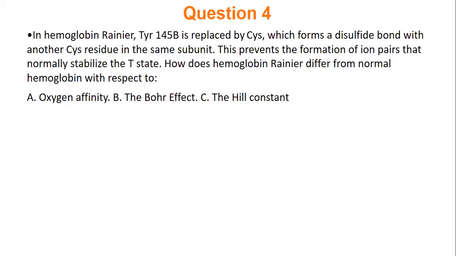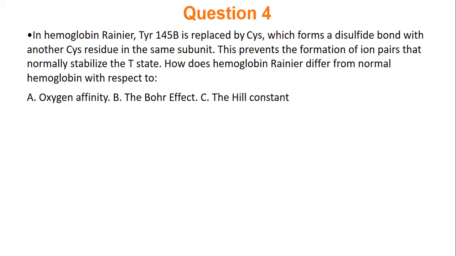Any questions about that? This is a very good review question of how hemoglobin works. And just quickly as a reminder, in case you forgot what the answers were, A is oxygen affinity increases, the Bohr effect is less effective, the Hill coefficient decreases to 1.